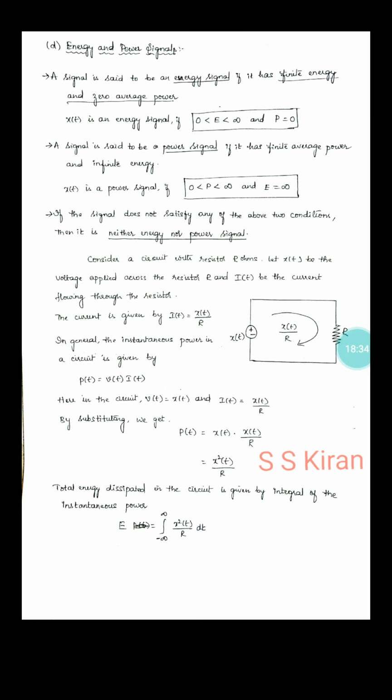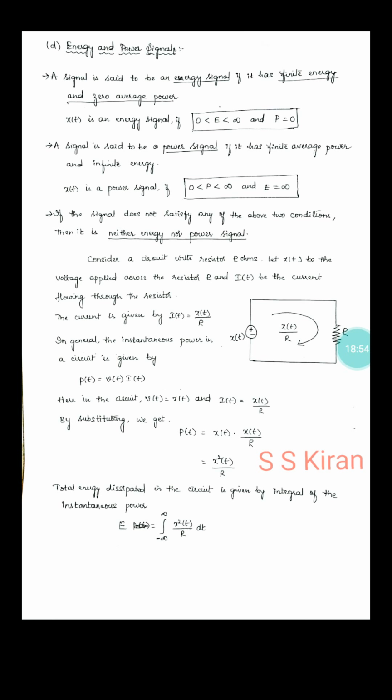Coming to the fourth type, energy and power signals. A very simple and important topic. An energy signal has finite energy, and a power signal has finite average power. A signal is said to be an energy signal if it has finite energy and zero average power.